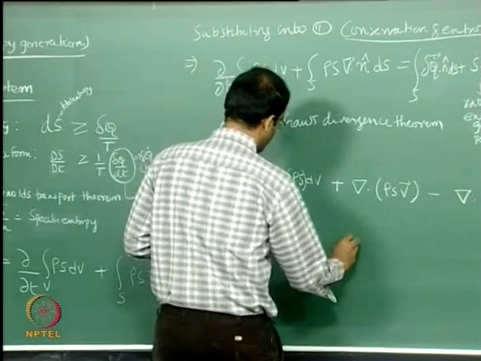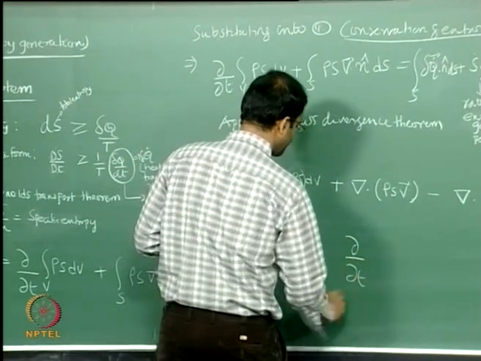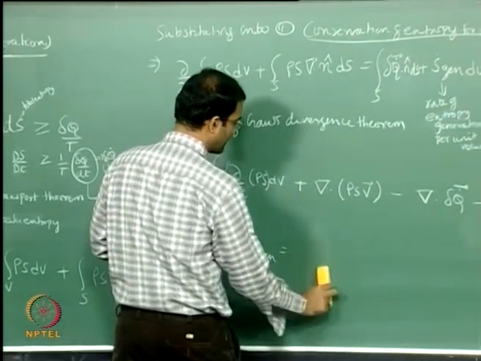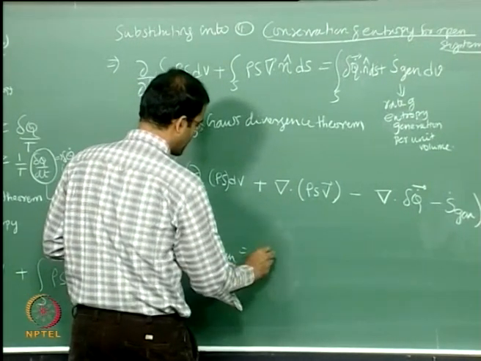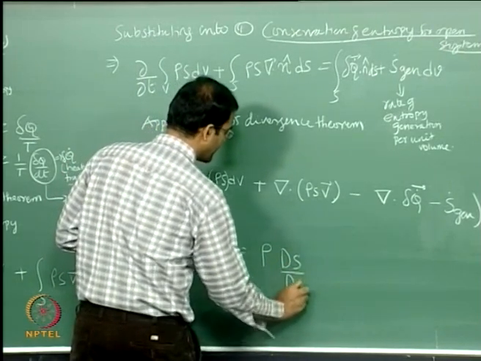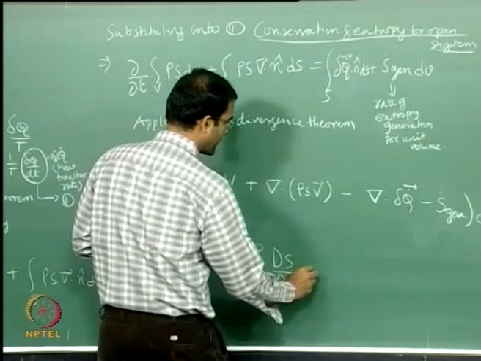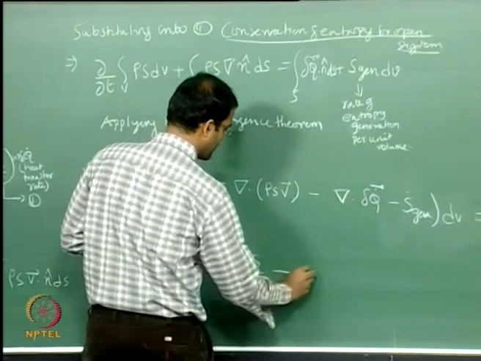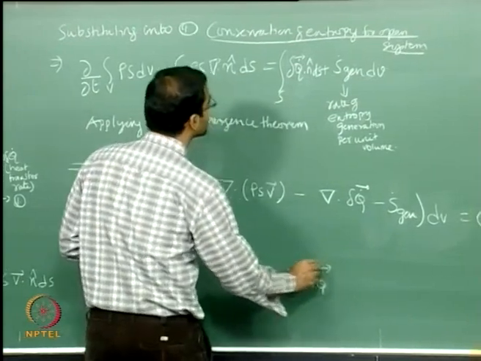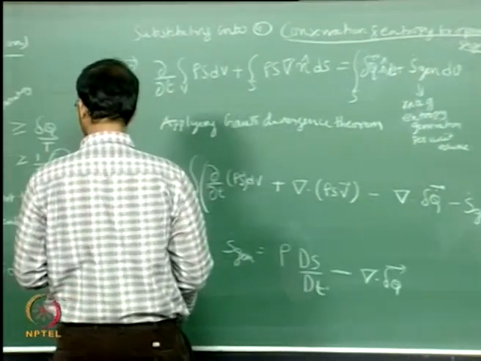should be equal to d by dt of rho s dV plus this, which I am going to write in terms of the total derivative notation, which is rho ds by dt, okay, minus del dot delta q, I think this should be delta q by T, okay.